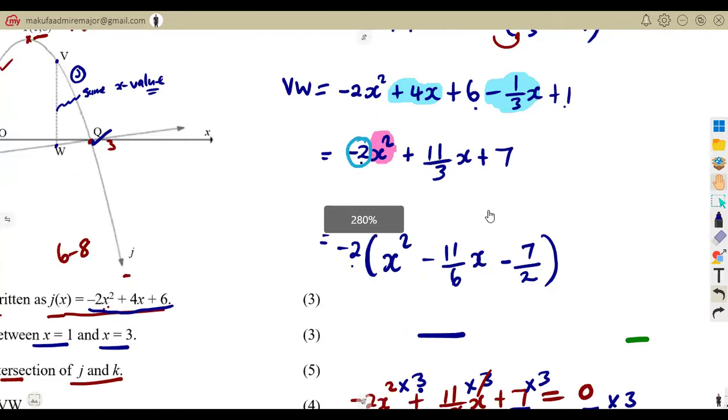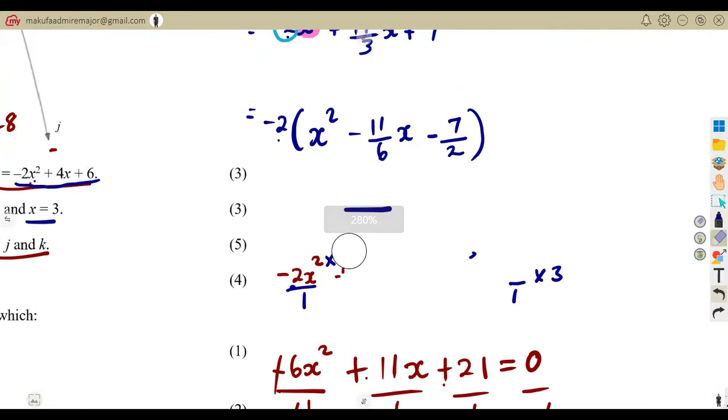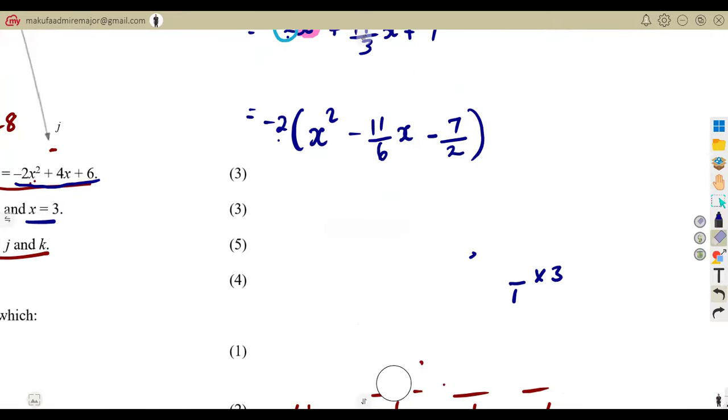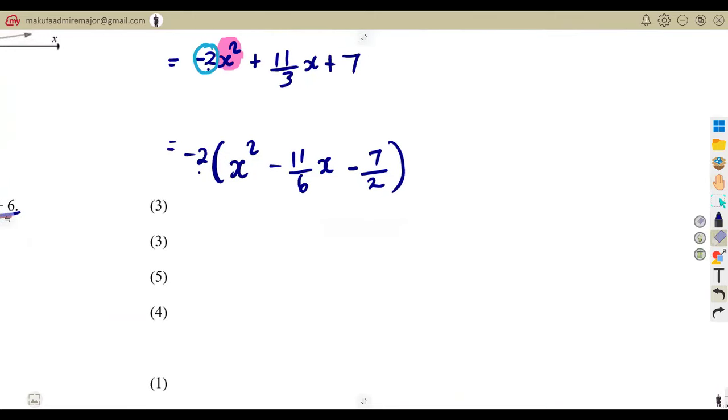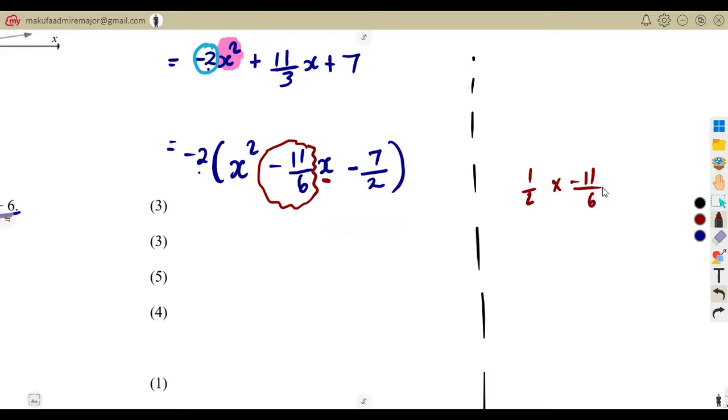You're going to need half the coefficient of x, being squared. Remember, I talked about the completing of the square method, guys, so I'm not going to waste much time there. We need half the coefficient of x, which is this one, -11/6, then you have to square it.